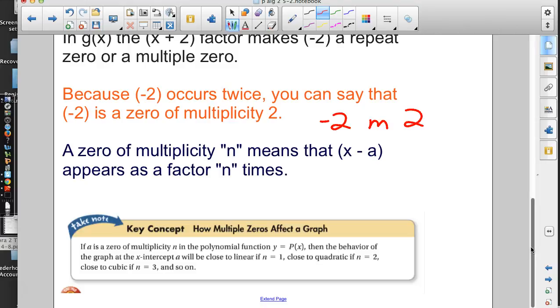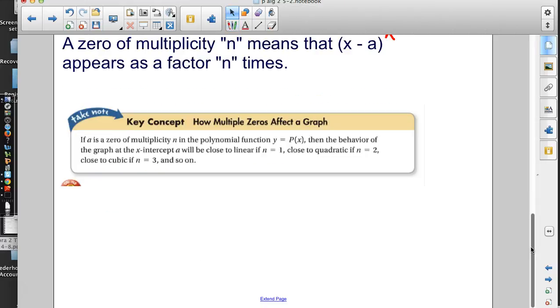Multiplicity. A zero of multiplicity n means that x minus a appears as a factor n times. So it's like putting a little n up there and saying, what is that power? If that power is even, it's a bouncer. It's tangent at that point. If it's odd, it's going to cut through. Now, your book makes it sound much more difficult than that, so I'm going to explain their thing here.